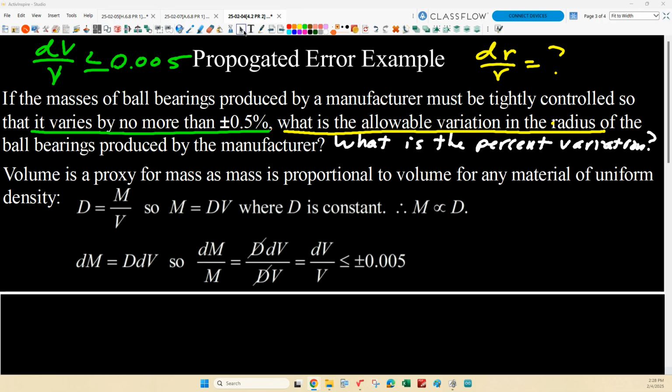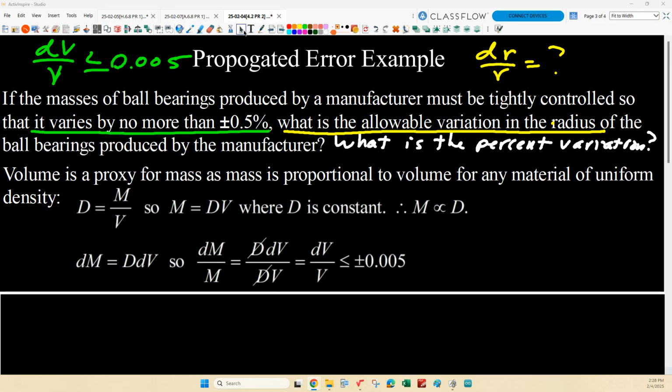Everybody see that? So dm over m equals d dV over d times V. You can cancel the d's, in other words, because density is a constant. Did that part make sense? If you know that m equals dV, agreed? Mass equals density times volume. So if I differentiate both sides, doesn't that mean that dm equals, that's a constant, d, constant d times dV, right?